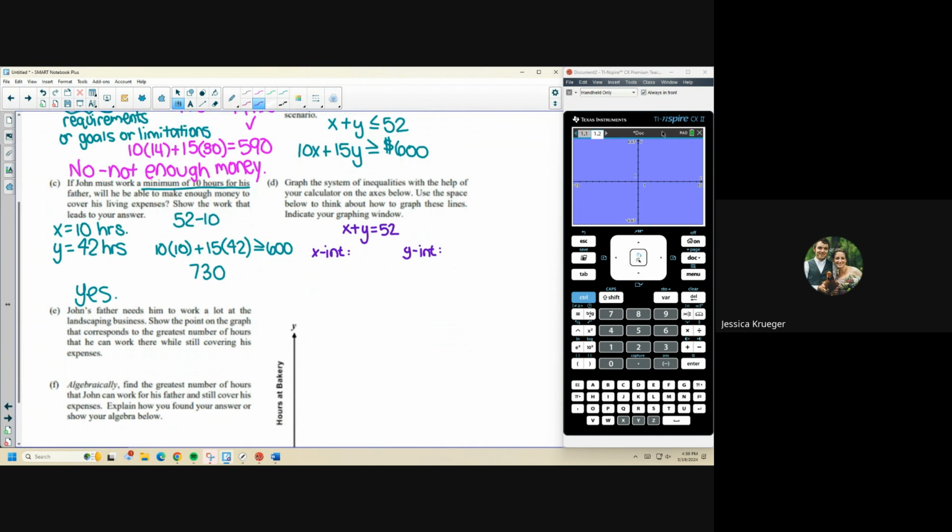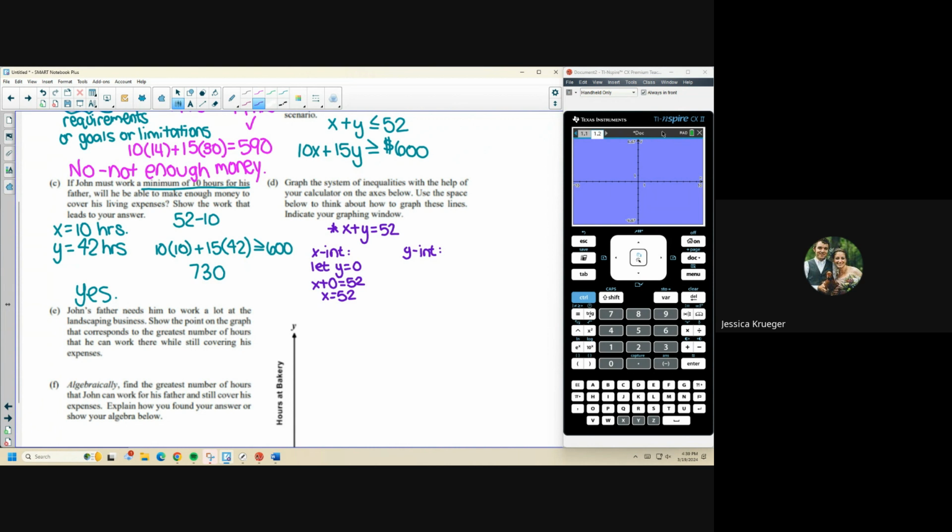To find an x-intercept, we let y equal 0 and we solve for x. So in this equation here, I'm going to say x plus 0 equals 52, which means x is 52. If he does not work any hours at the bakery, he's going to work all 52 hours at the landscaping company.